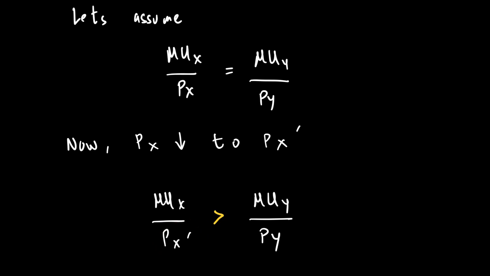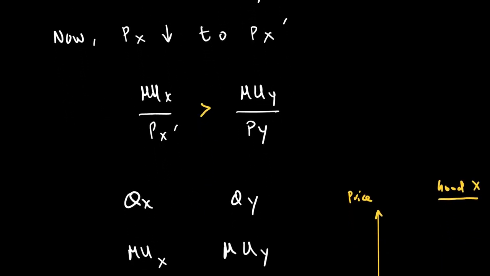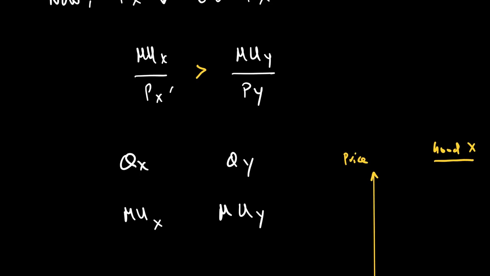Our response will now not be the same anymore, because we want to buy more of X since the marginal utility per dollar spent for good X is more. So I will buy more of X and less of Y. But when I buy more of X and less of Y, my MU of X starts to fall because of the law of diminishing marginal utility, and MU of Y will start to rise for the same reason.